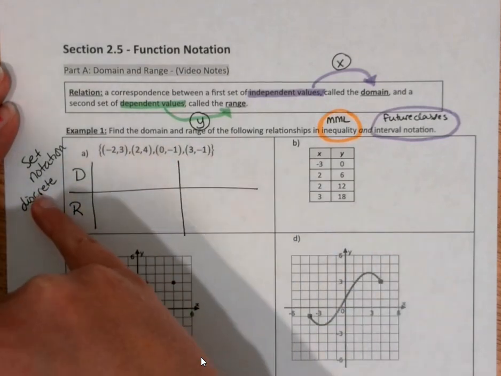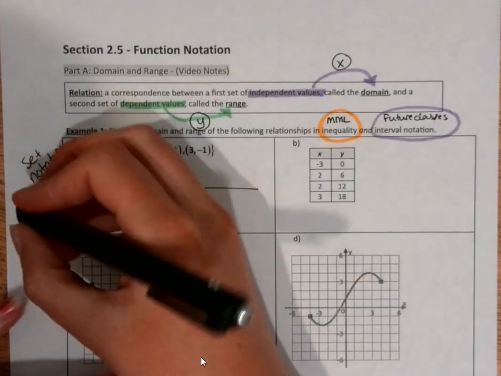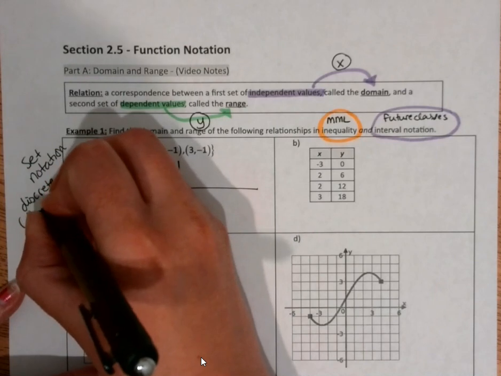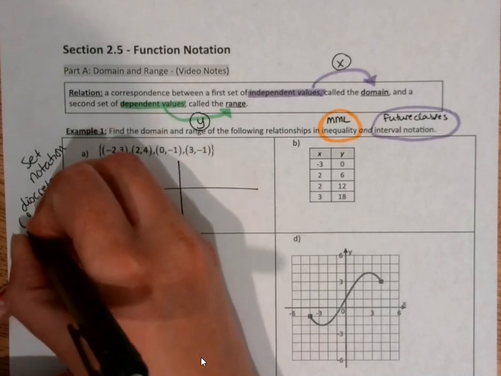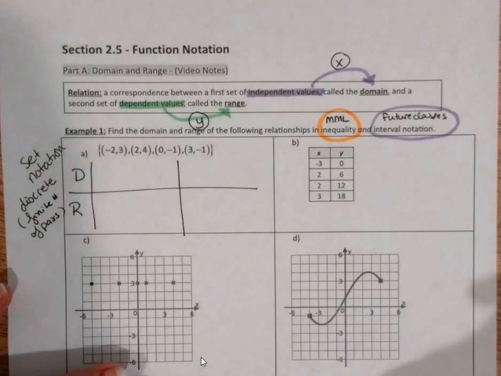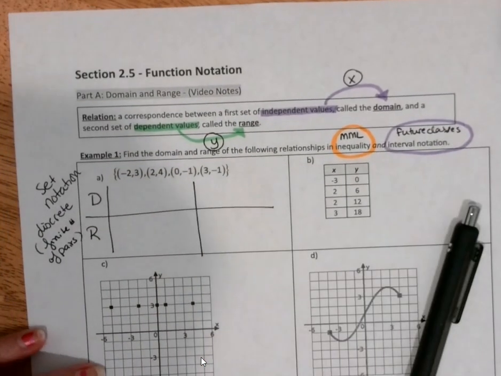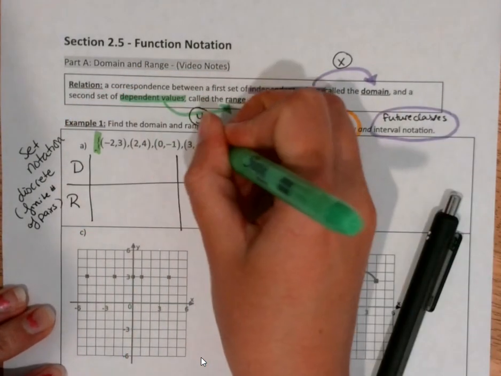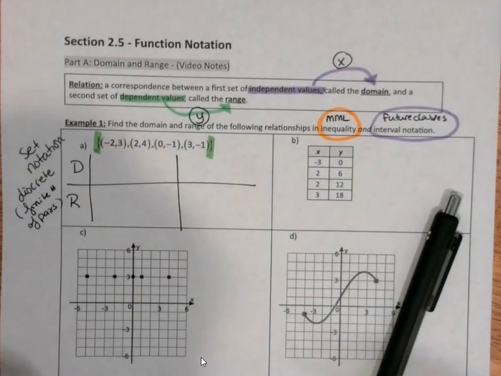The opposite of discrete is continuous. Discrete means a finite number of pairs. I will use these squiggly brackets for that kind of data, as you can see right here, and use the squiggly brackets to list my domain and range.